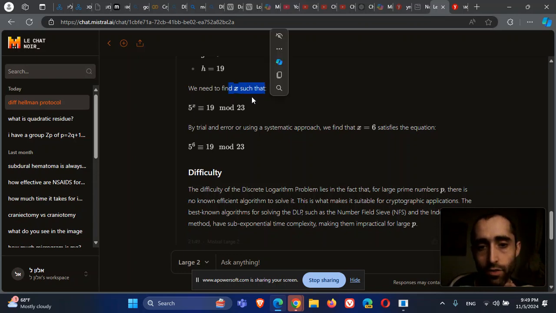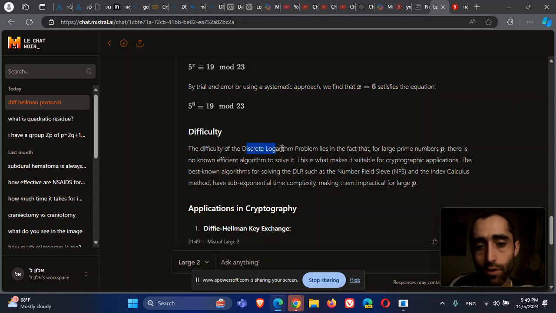We need to find each such x by trial and error or using some approach. We found that it's difficult. The difficulty of the discrete logarithm problem lies in the fact that for a large prime number there is no known efficient algorithm to solve it. This is what is suitable for cryptographic applications. The best known algorithm for solving the DLP, the discrete logarithm problem.